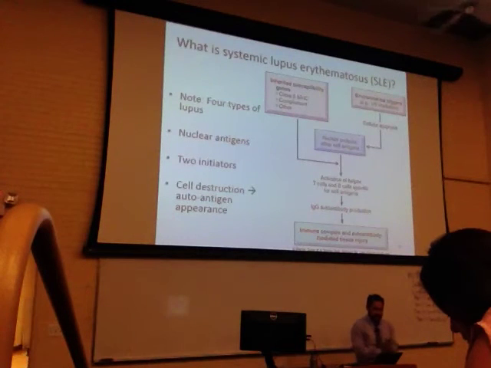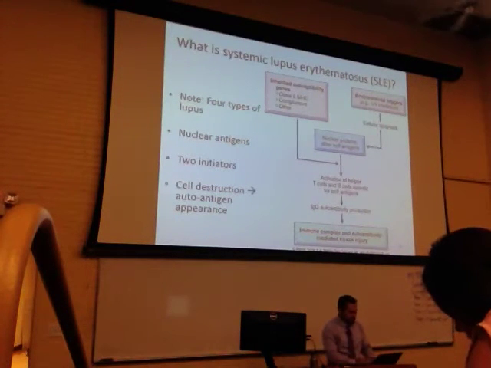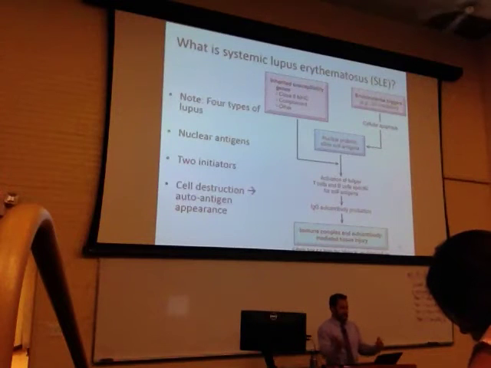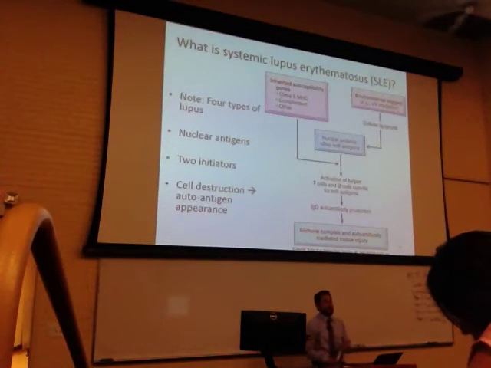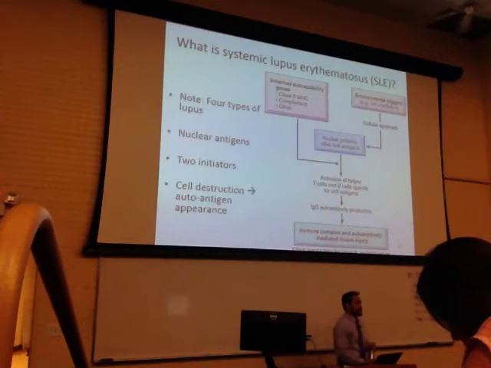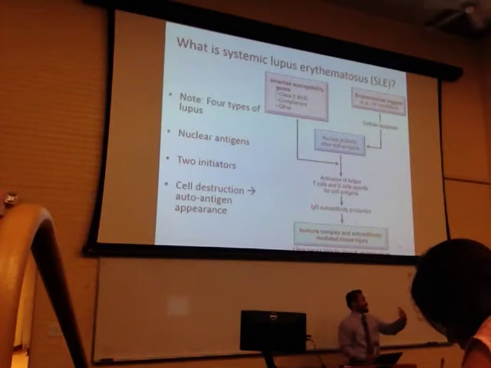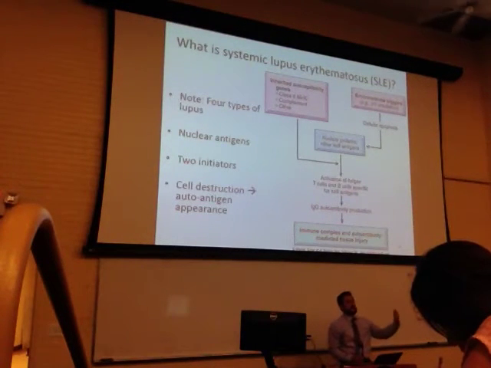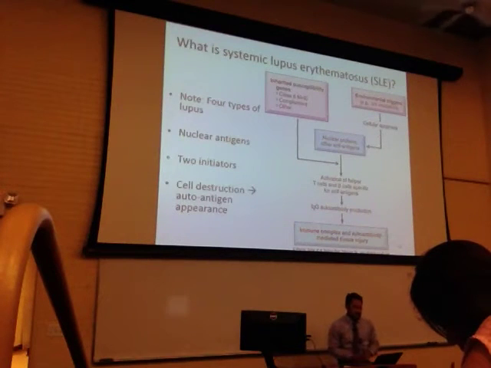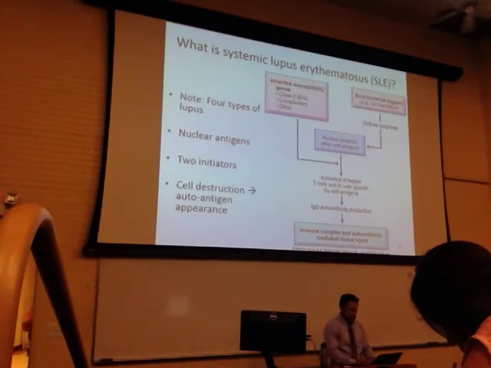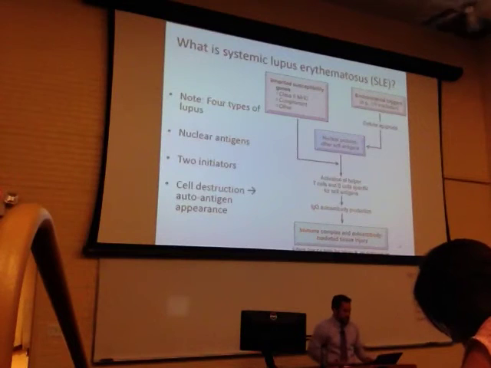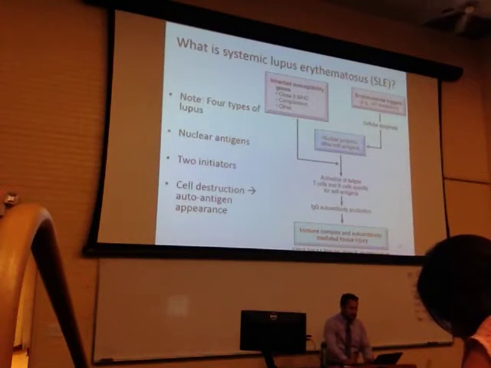Nuclear antigens tend to be the culprit, and the two initiators that we see are both genetic as well as environmental stressors. The environmental stressor is a lot of times UV radiation. Like, they had a really bad sunburn. They went to the lake, and it was a really bad sunburn, and then they started developing these symptoms of lupus. So lupus is a chronic multi-system inflammatory disease.